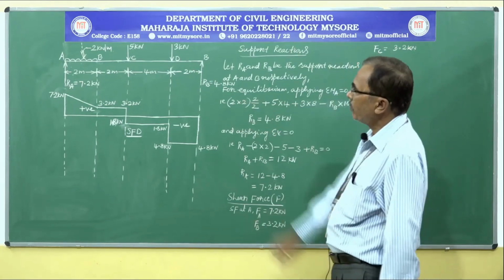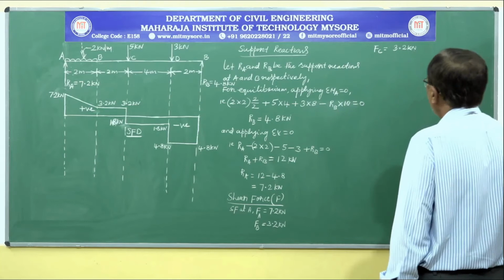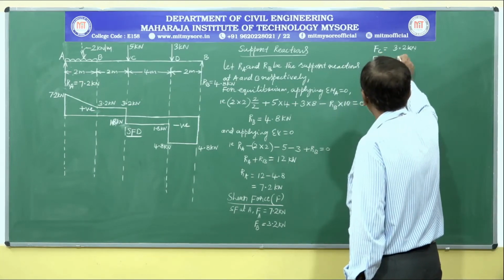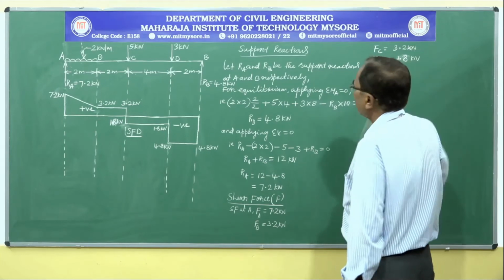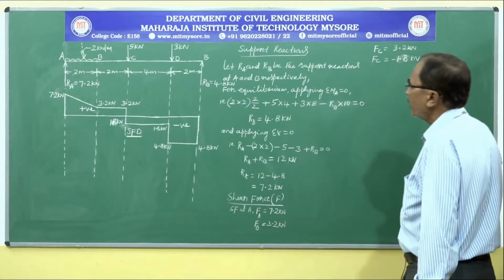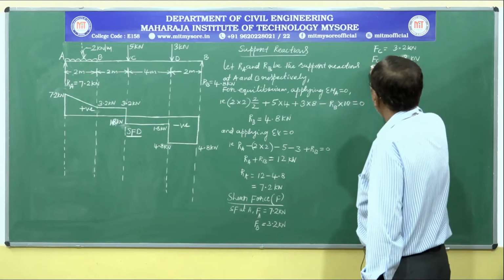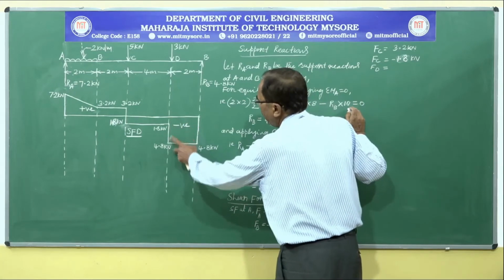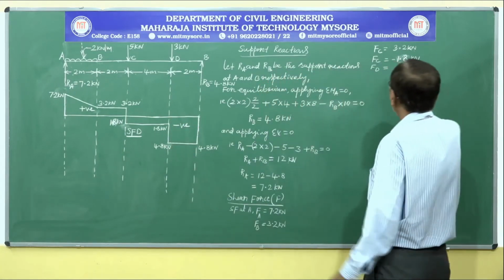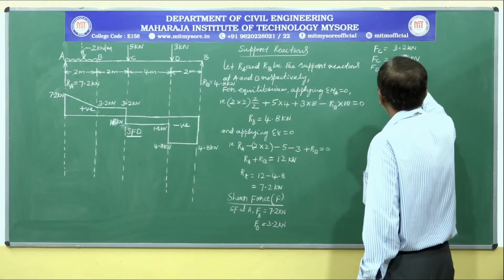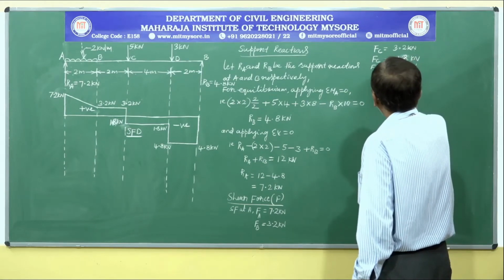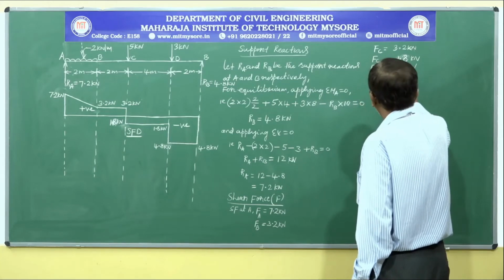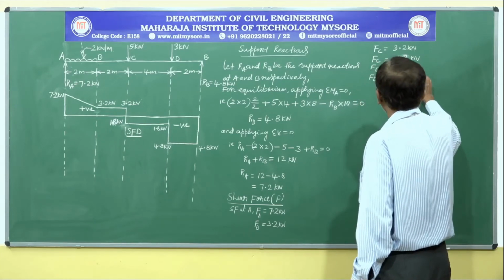And there are two values of shear force at C. Let us write those values. Again FC is equal to minus 1.8 kilonewton. Next, shear force at point D, FD, there are two values: minus 1.8 kilonewton, and FD is equal to minus 4.8 kilonewton.